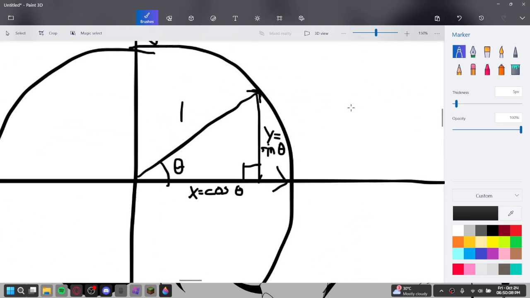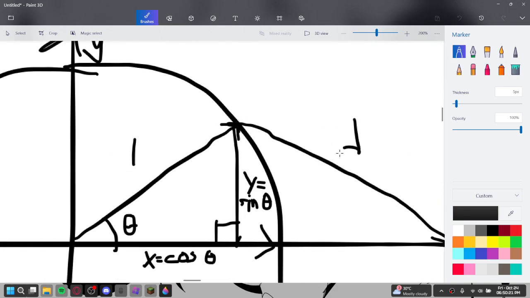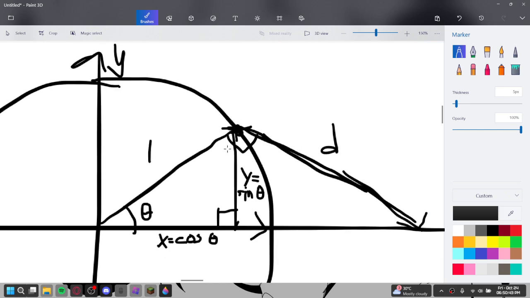Now what about the 4 other trigonometric functions? Well, look at this right here. Let's name this distance d, right here. And as you can notice from this crappy line, it's supposed to be tangent to the point on the circle, and obviously the tangents are perpendicular to the length of the radius here.